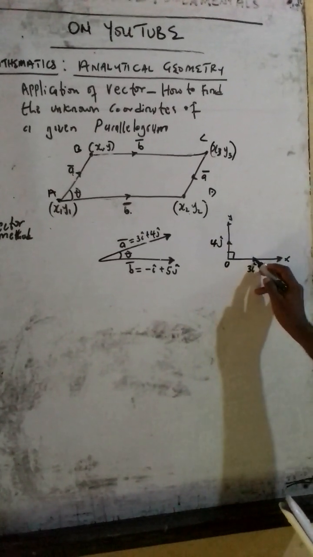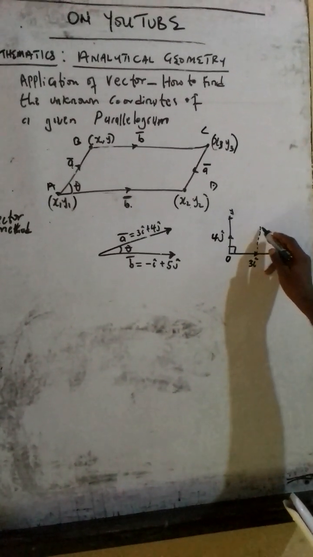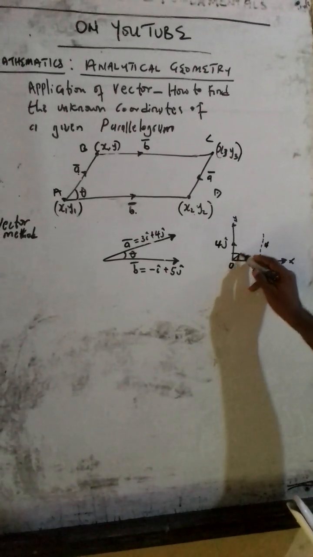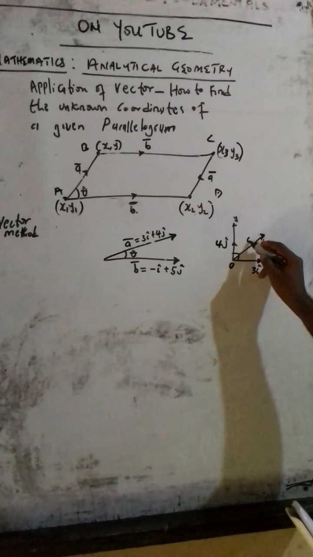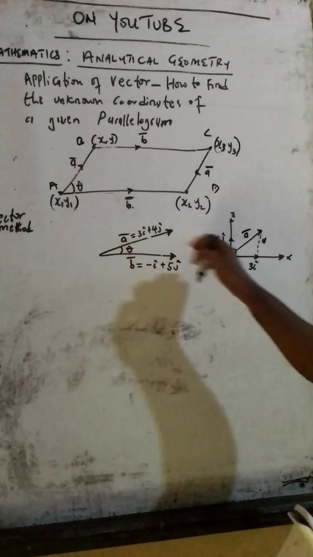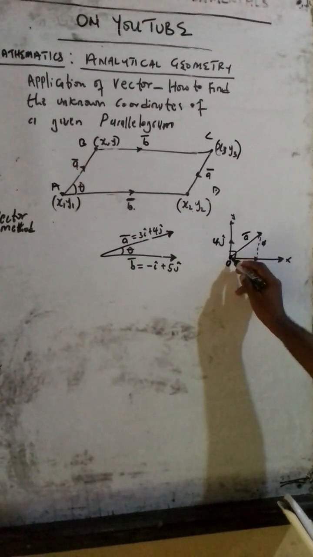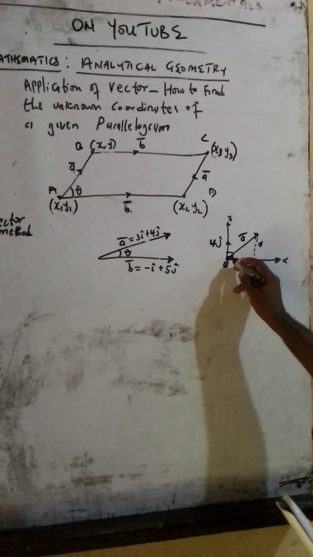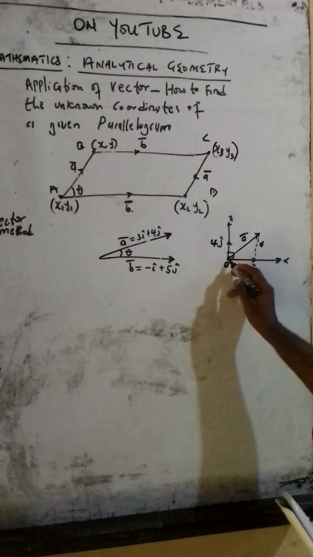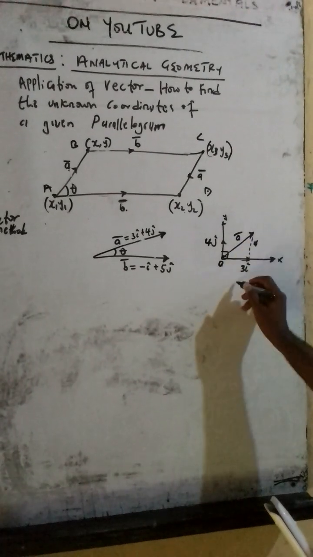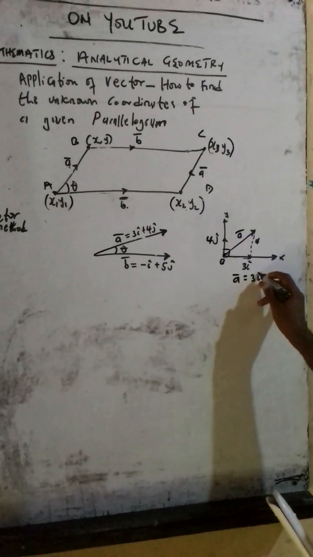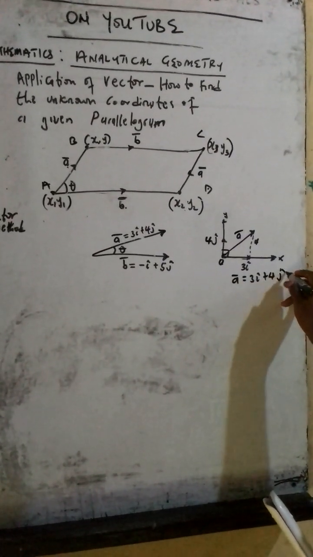If I move 3 here, then I move 4 here. That means the resultant of this vector is the vector A that we have here. So if I start from this fixed point of origin, and if I move this way, it's equivalent to moving this way and this way. That's why vector A is 3i plus 4j.